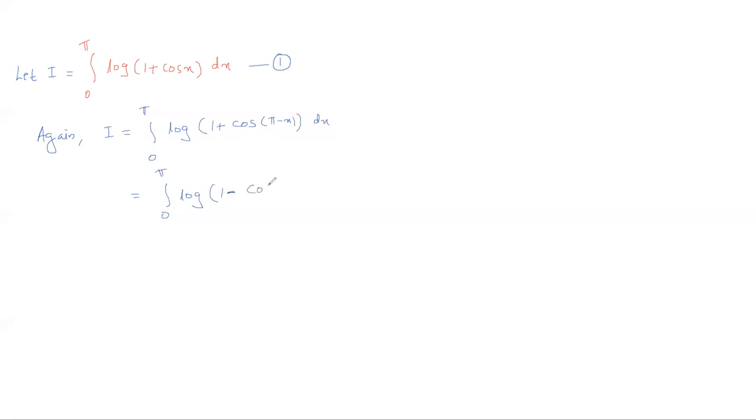Cos pi minus x is same as cos x, but it is in the second quadrant, it is negative, that is why minus cos x dx. So this is your equation 2. Cos pi minus x is minus cos x.